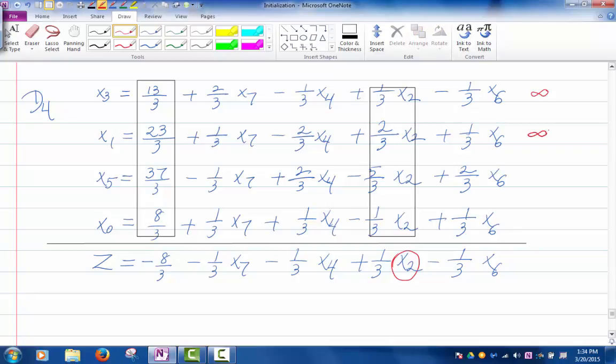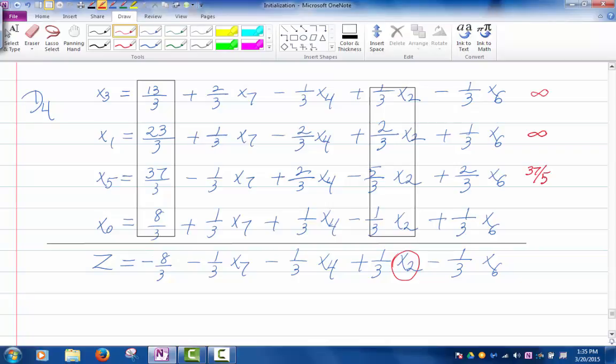And then in the third row, I see that I have 37/3, and the coefficient of x2 is a negative 5/3. So when you have a negative coefficient there, you know that there is a bound for x2. So divide 37/3 by 5/3 here. If I do that, what do I get? 37/5, which is about 7, right?